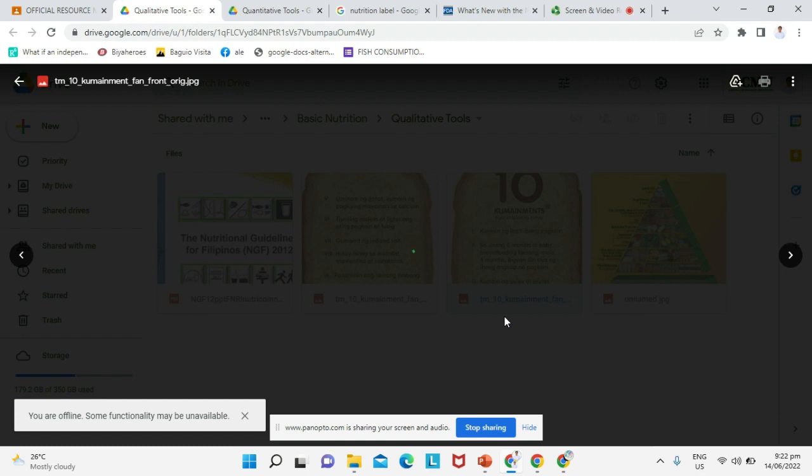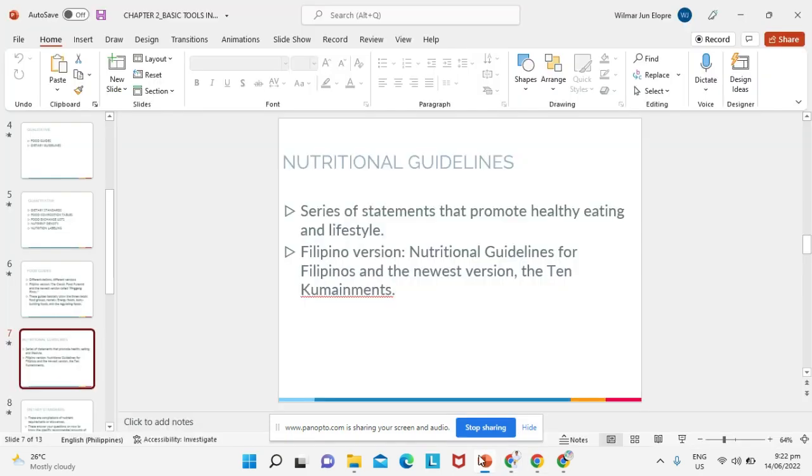Okay? But basically guys, our 10 commandments, from the term itself, consists of 10 statements in order to inform the Filipino people on how to attain a healthy diet as well as a healthy lifestyle.